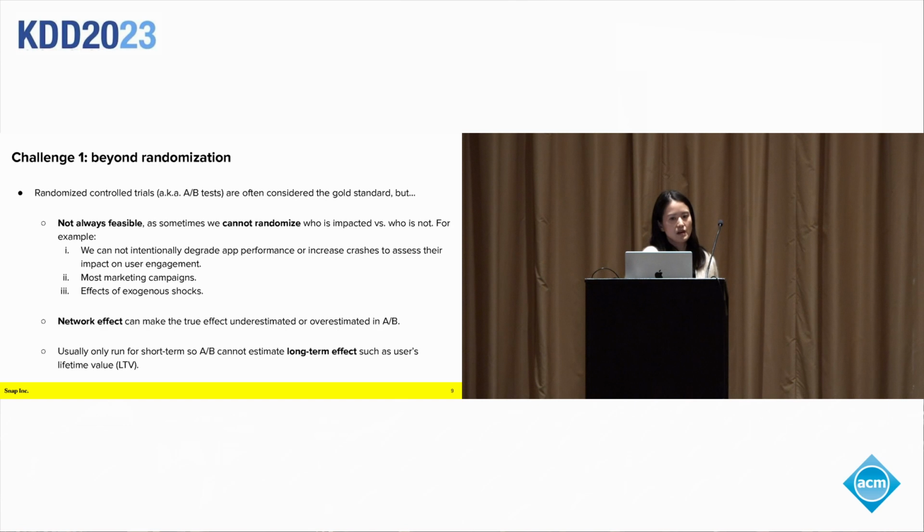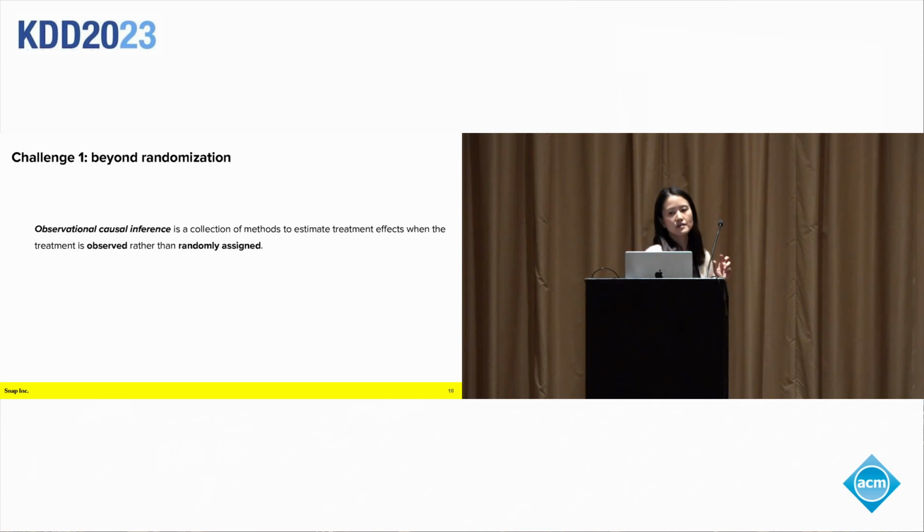Also, effects from exogenous or external shocks, such as carrier throttling or some external policies, can also impact users, but we cannot really randomize which users get impacted versus not. Furthermore, even for scenarios when we can run A/B tests, reasons such as network effects or wanting to measure the long-term effect can also make A/B tests not the best choice for us.